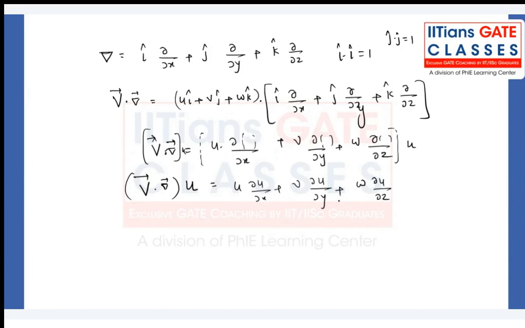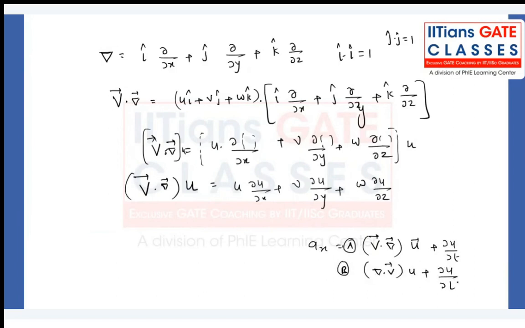We got our answer. But in the GATE exam, when they mention the options, for example ax as v dot del u plus dou u by dou t as one option, they might mention the second option as del dot v into u plus dou u by dou t.